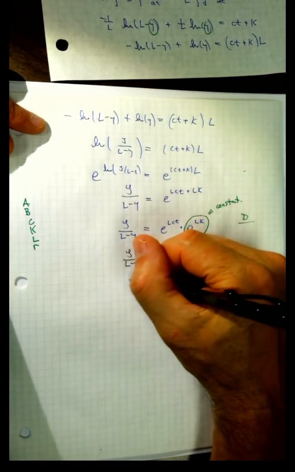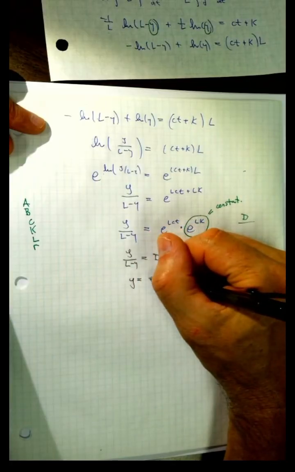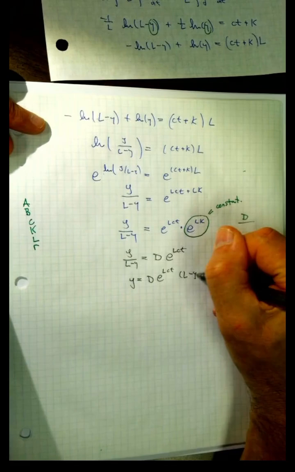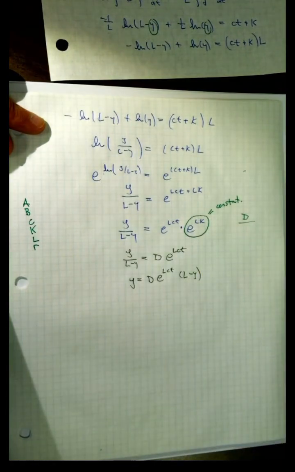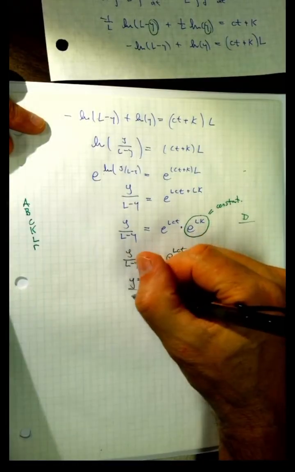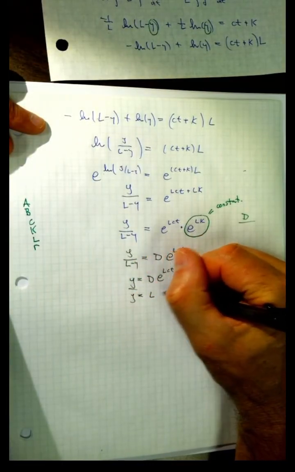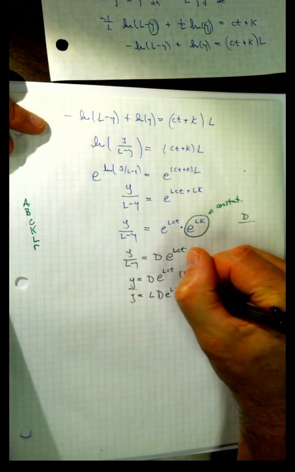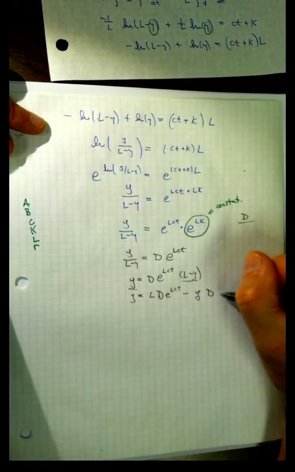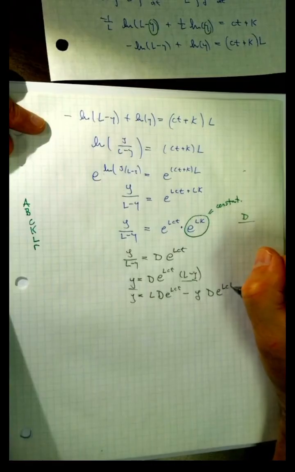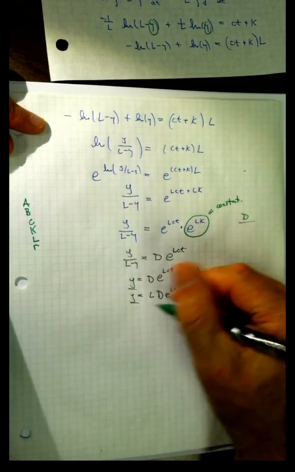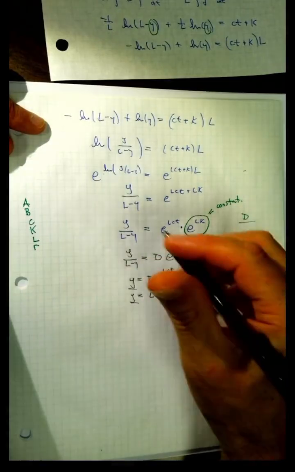I'm going to multiply top and bottom by L minus y. Again, what I'm after is these y's. So I'm going to multiply that through. So this becomes L D e to the LCT minus y D e to the LCT. There's a y, so I'm going to move all the y's to the left.